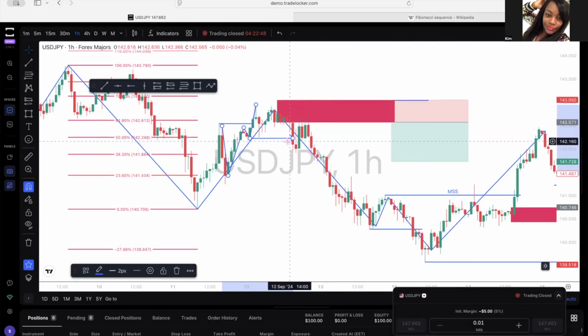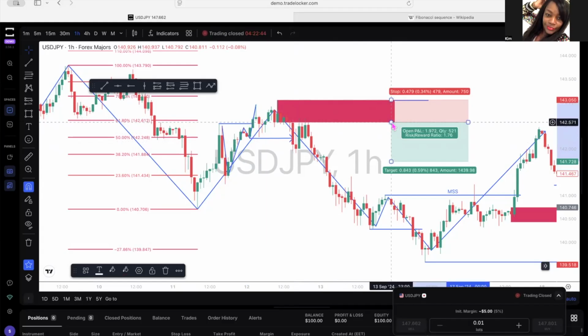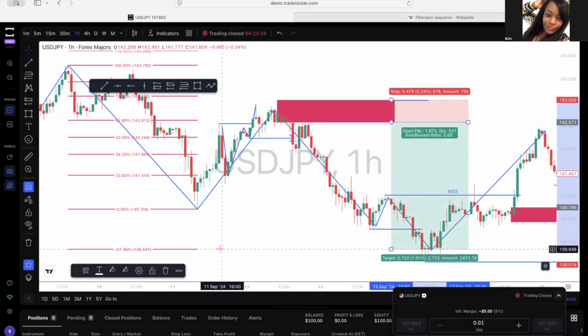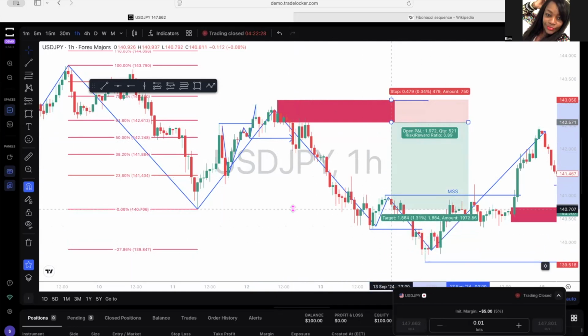So as soon as this happens, you can mark up right here and you can sell it. You can sell it down to this low or you can sell it down to the negative 27, whichever one you prefer. It's up to you. That's 272 pips on the negative 27. It is 186 pips to the last swing low, right?